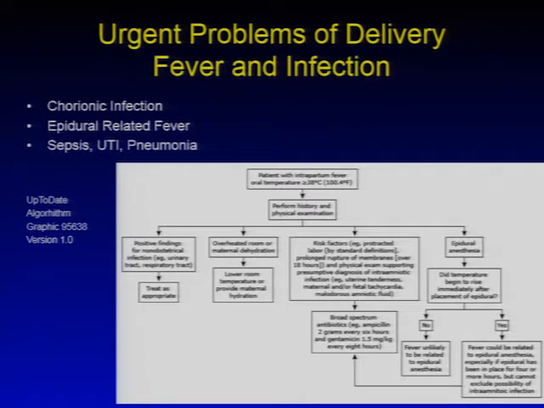Another problem that contributes to bleeding and can be an urgent problem in delivery is the development of severe infection. And infections can occur, fever can occur from multivariable sources during pregnancy, but the bad actors are sepsis and pneumonia.